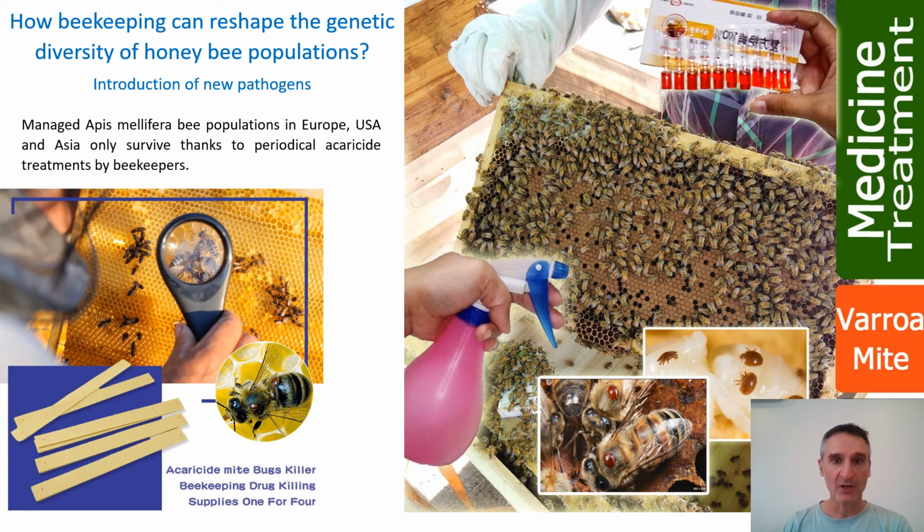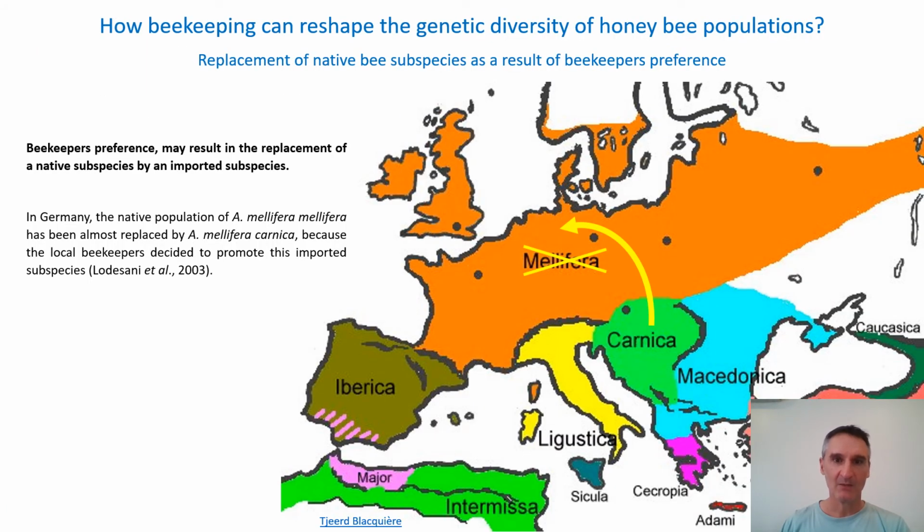Thus, the introduction of a new pathogen has led not only to the demise of most Apis mellifera wild populations at a continent scale, but also to the reliance of managed populations on chemical treatments provided by beekeepers, and this on 3 continents. In some cases, beekeepers' preference may lead to the demise of a local subspecies not only from the wild but also from apiaries.